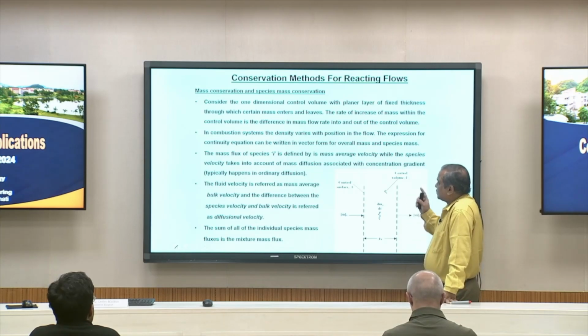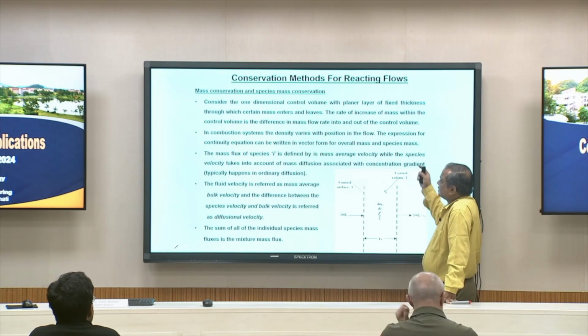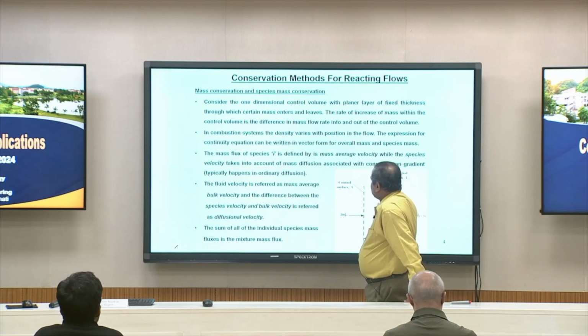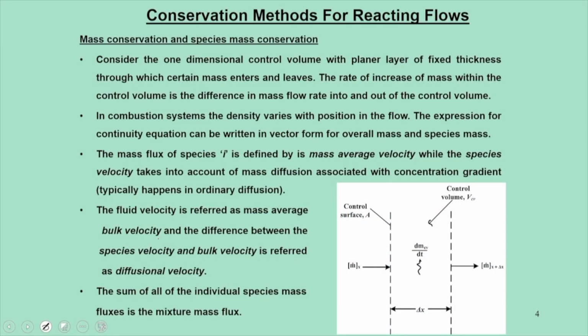There are two types of velocities one can define. One is the bulk velocity, the other is the diffusional velocity. The fluid velocity is referred to as the mass average bulk velocity, meaning you take the entire mass as a bulk. The difference between the species velocity and the bulk velocity is the diffusional velocity.